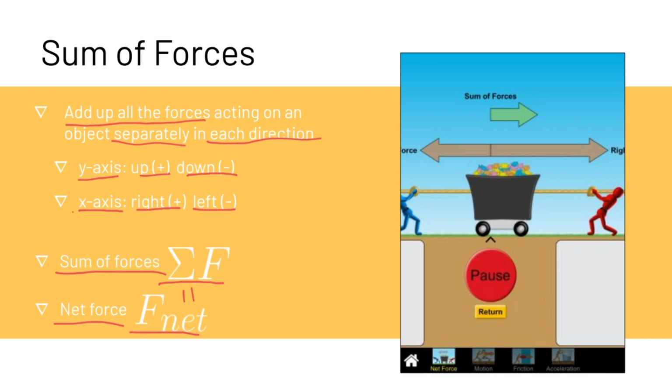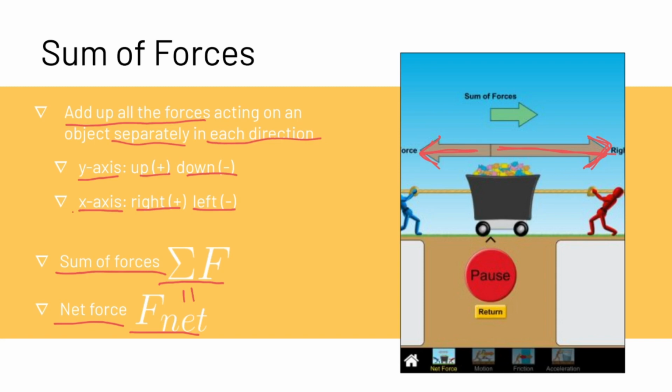If we look at this diagram over here on the right, we have this tug of war going on. The blue team is pulling to the left with this amount of force. And then we have the red team pulling to the right with this amount of force. You can see the force is much greater to the right than it is to the left.